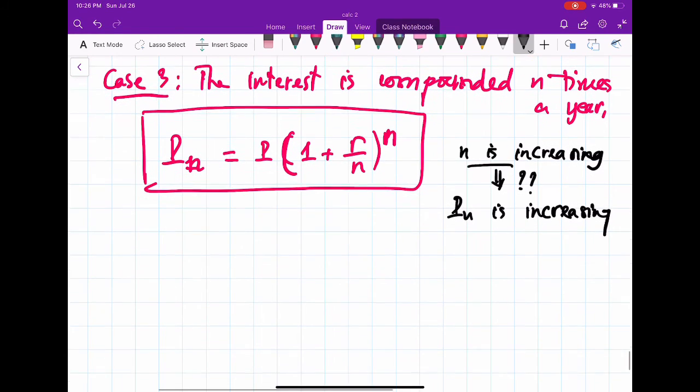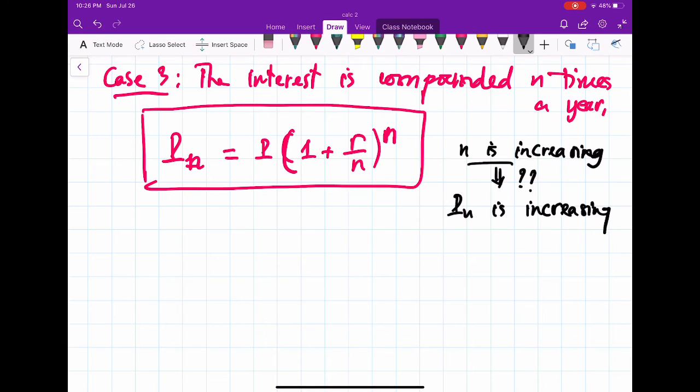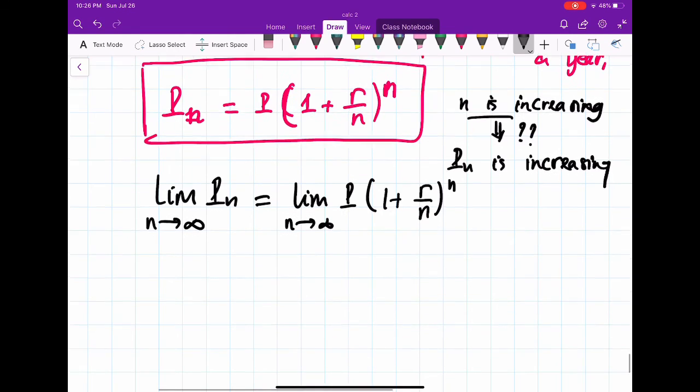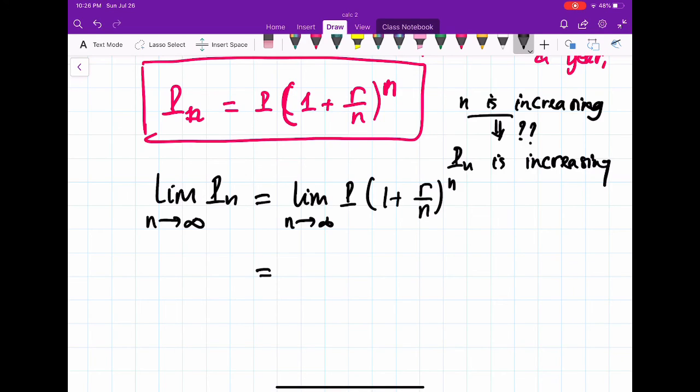So what happens if we consider the limit of Pn when n approaches infinity? That means the limit of P(1 + r/n)^n when n approaches infinity, but P is constant, so we can take that out. We have the limit here of (1 + r/n)^n as n approaches infinity.